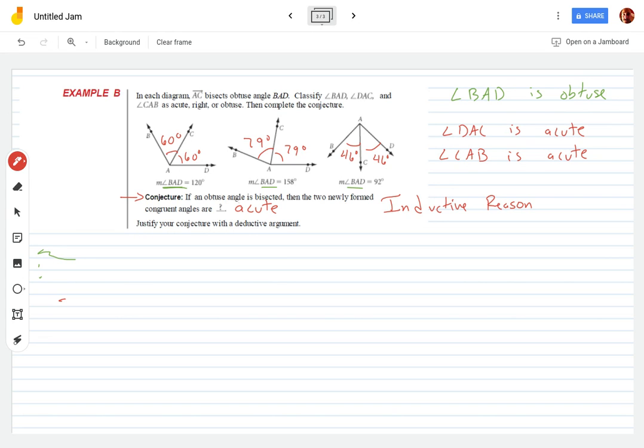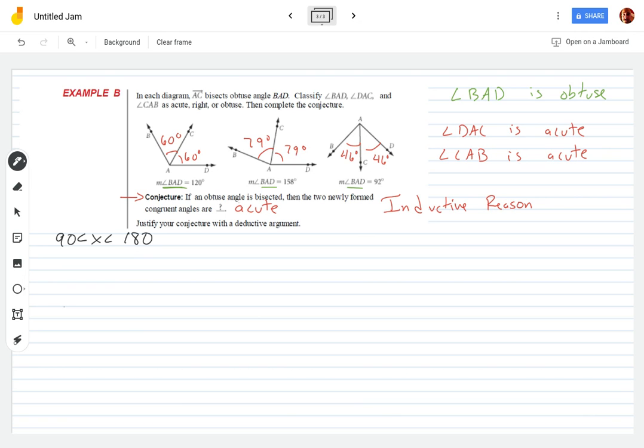Now, we want to try and justify this to be true with a deductive argument. I'm going to try and do this for all obtuse angles. Obtuse angles are more than 90 and less than 180, so they don't include those endpoints.